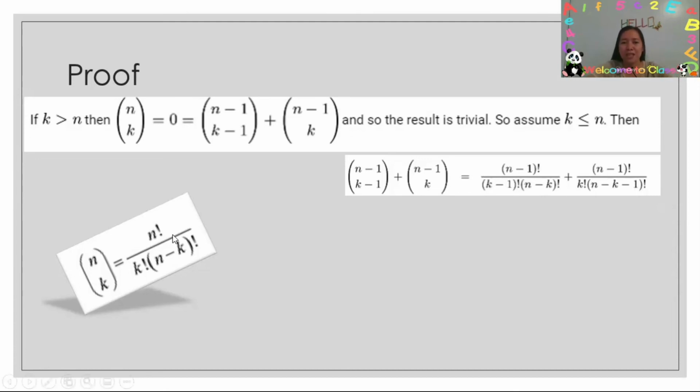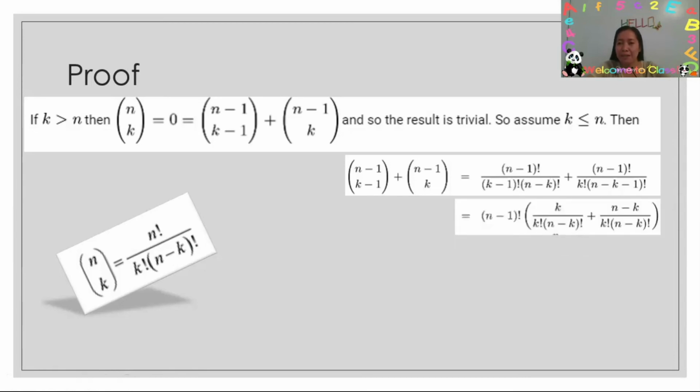So we express it like this. Suppose this will be our n and this will be our k. So you just express it like this: n factorial all over k factorial times n minus k factorial. Then we do the simplification. Let's simplify the problem that we have.